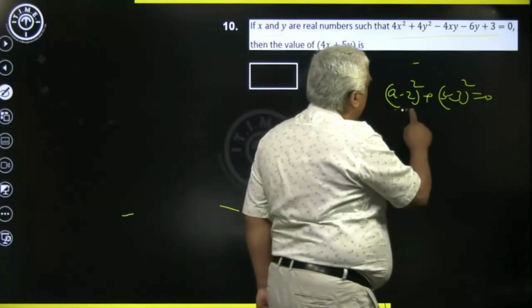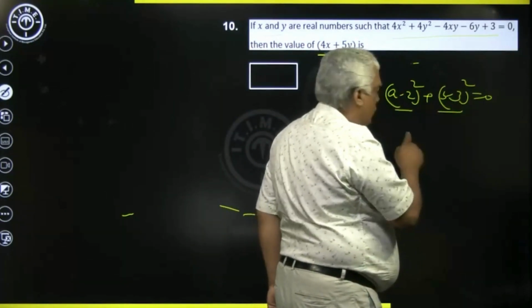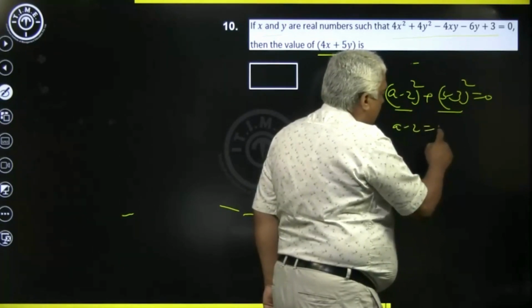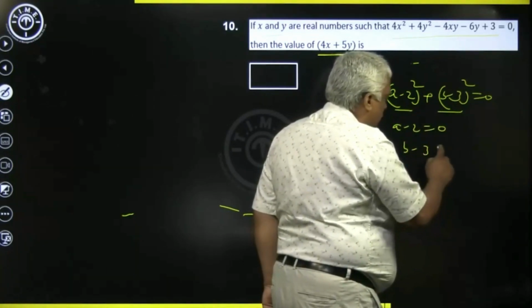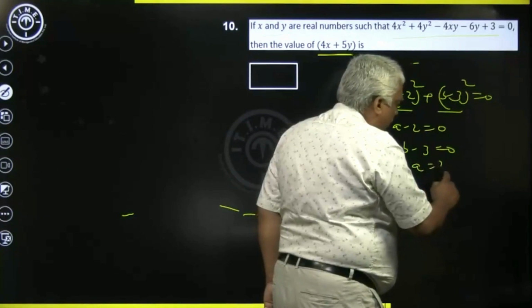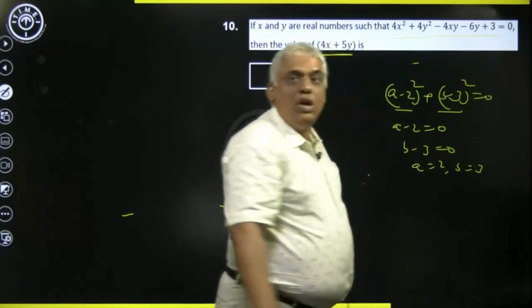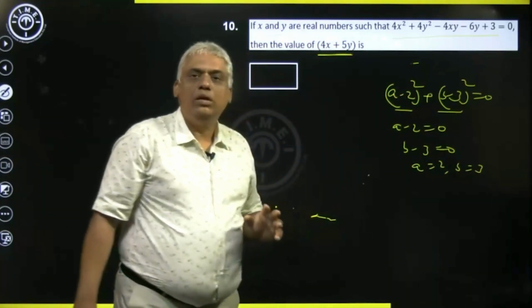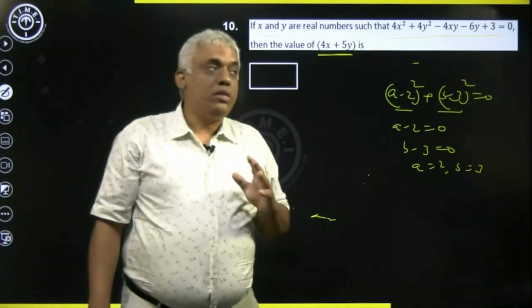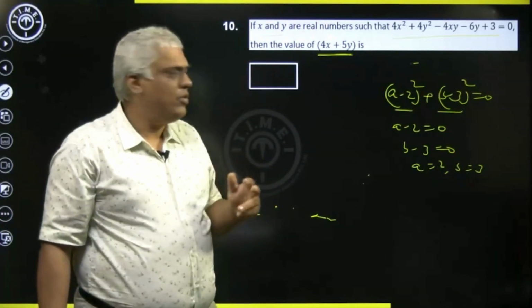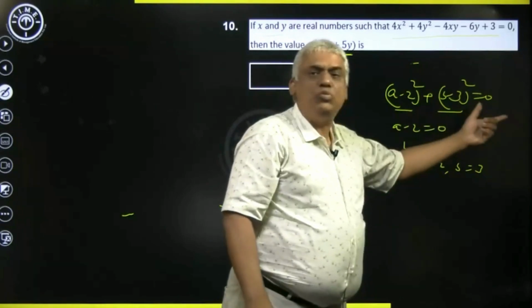If this square plus this square is 0, both have to be 0. So a − 2 has to be 0, b − 3 has to be 0, and we can solve for a and b, right. So when you see two variables and one equation, you can think of whether we can make a sum of two squares equal to 0.